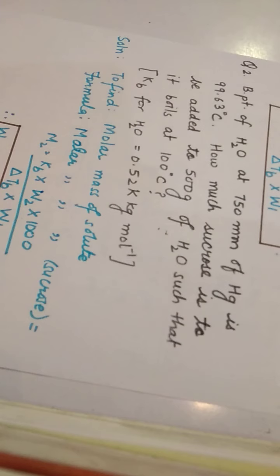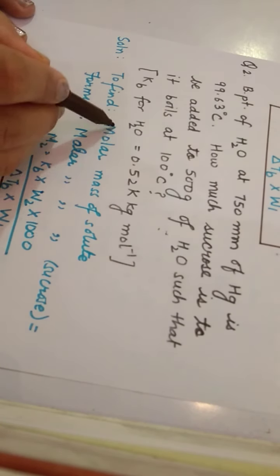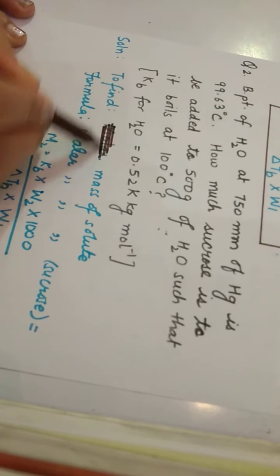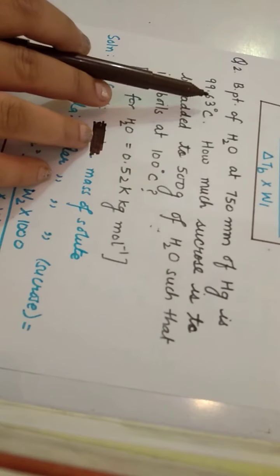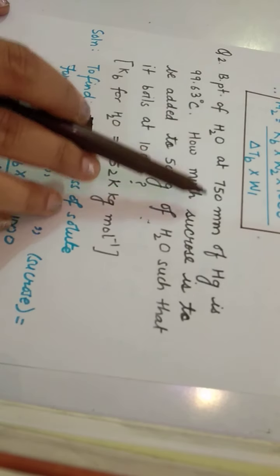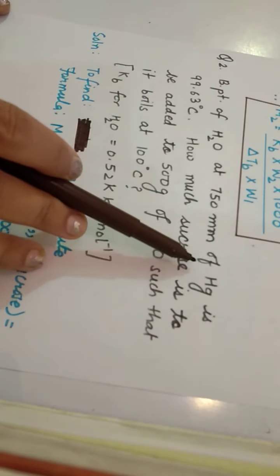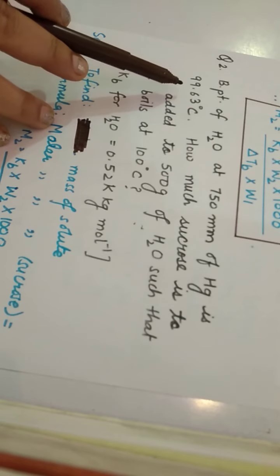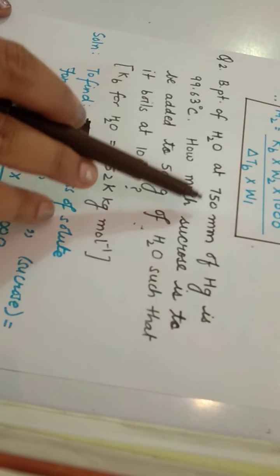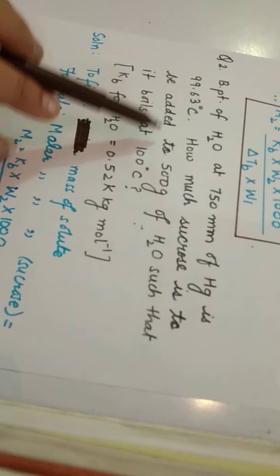Now children, we'll do one numerical based on this formula. The question is: the boiling point of water at 750 mm of mercury is 99.63 degrees Celsius. This is the boiling point of water. How much sucrose is to be added?